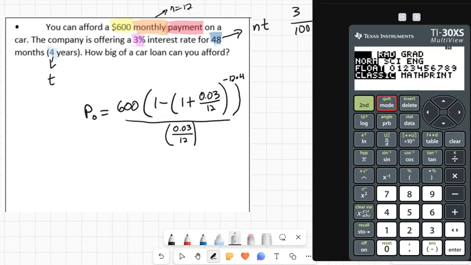All right, this mode, let's do the classic first. So this would be 600 parenthesis 1 minus parenthesis 1 plus 0.03 divided by 12, close parenthesis, exponent.